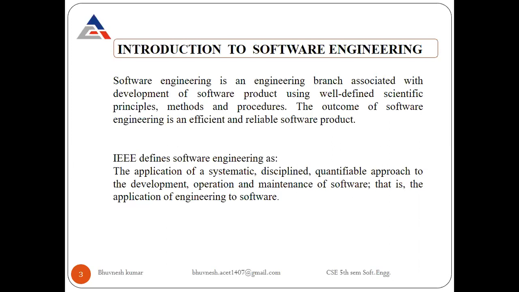And the organization checks that feedback and maintains that product according to the user's requirements. And IEEE defines that the application of your product should be in a systematic way, a disciplined manner should be there, a quantifiable product should be there. Okay, so that it can be developed in a systematic way and it should be maintained. Okay, that is what IEEE defines.